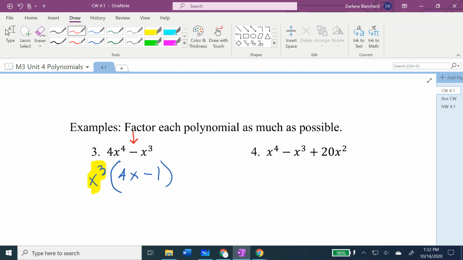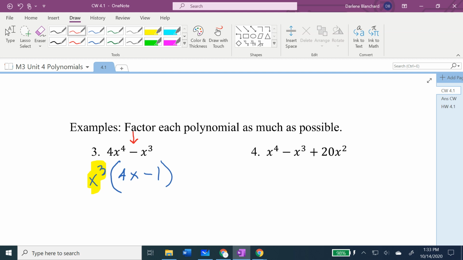When you factor out what's common, in that parentheses, you have the same number of terms as the polynomial you just factored. So number 4 has 3 terms. So if I can find something that will factor out of all of them, I will have 3 terms left.